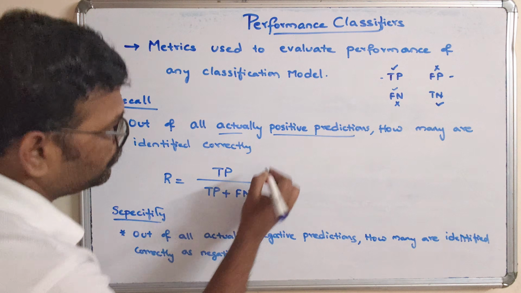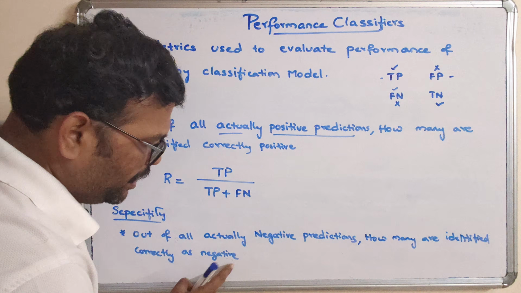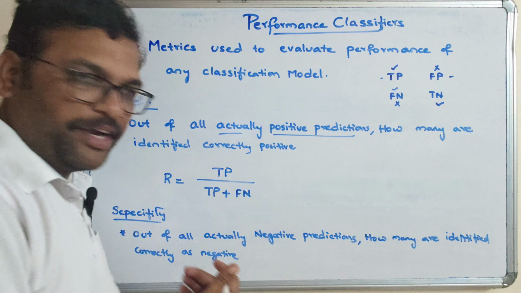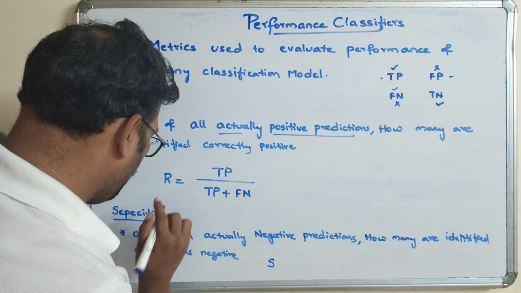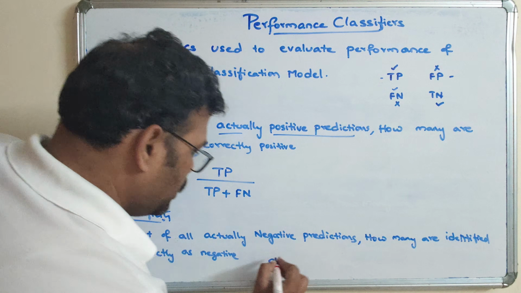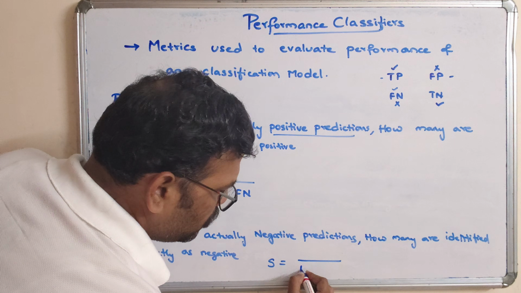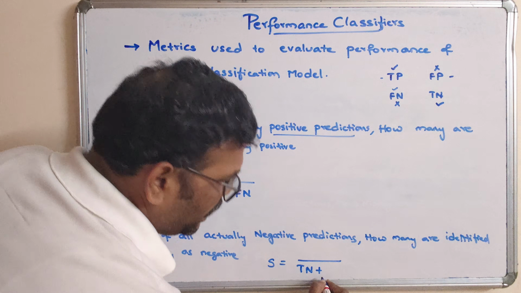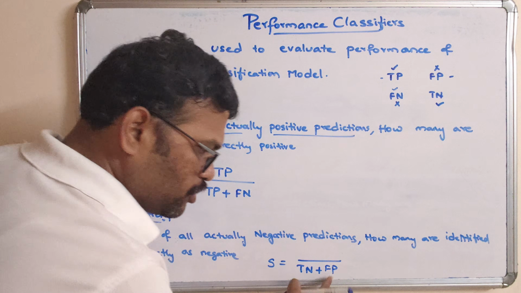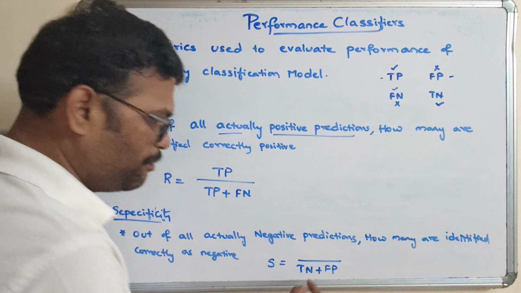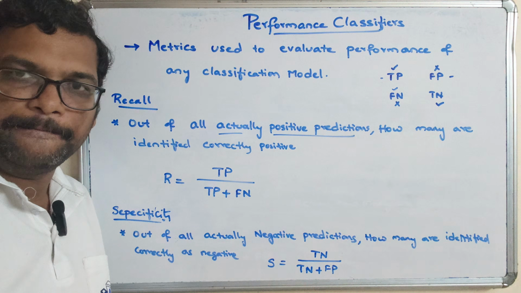Here it is a positive, but here we are just finding out the percentage of negative predictions. So here the specificity is equal to what are the actual negative predictions. So true negative plus false positive. This is also actually negative, but it was predicting positive, right? So this is a formula for specificity.